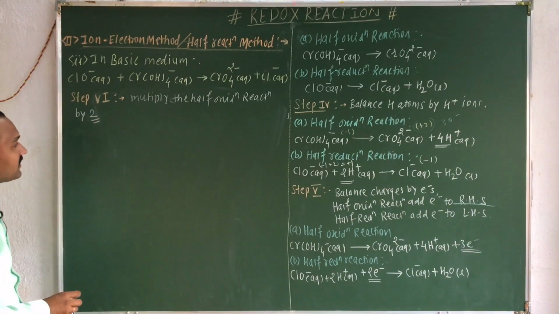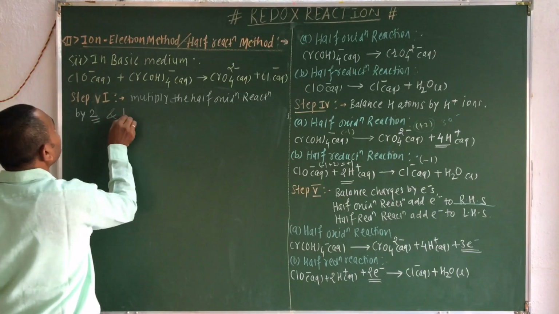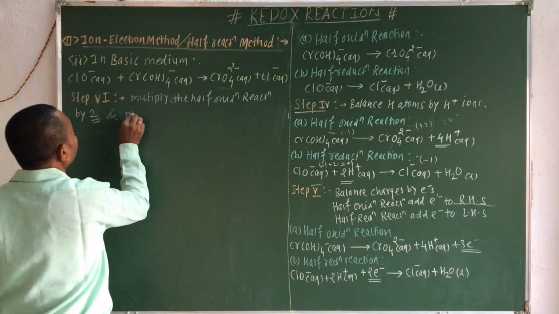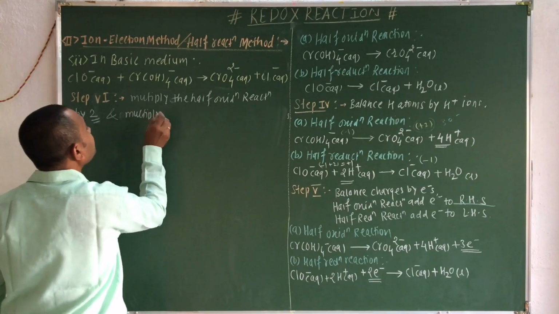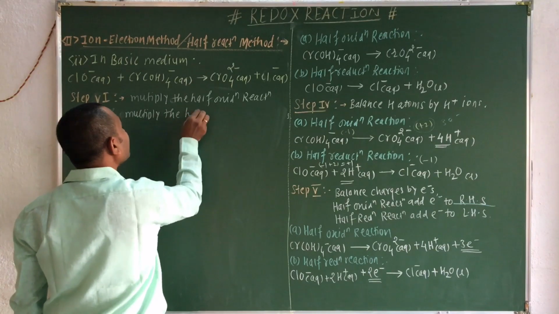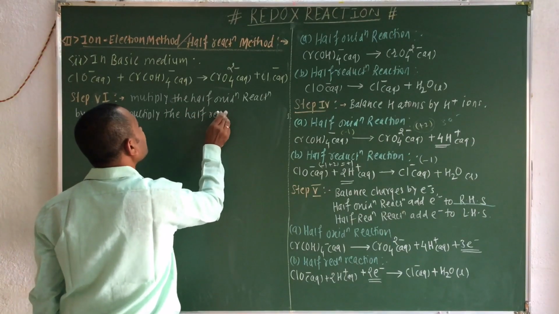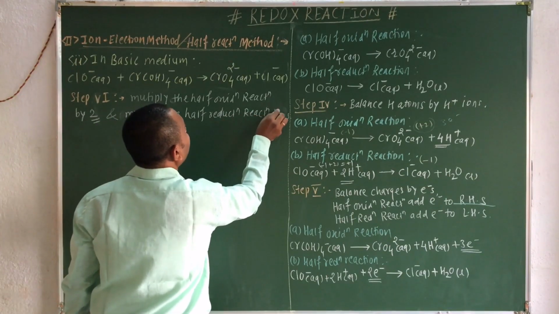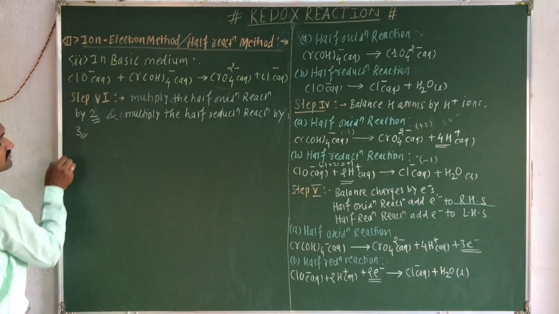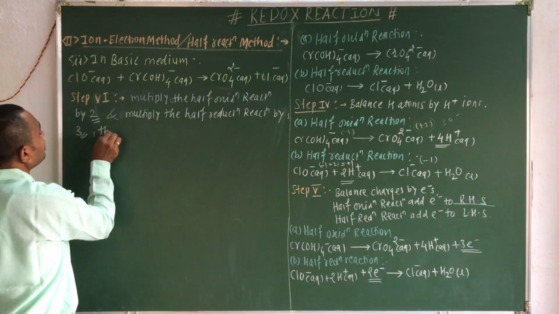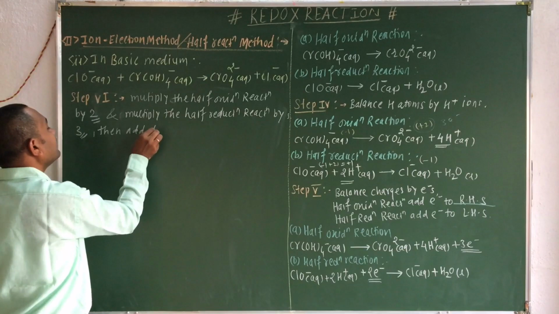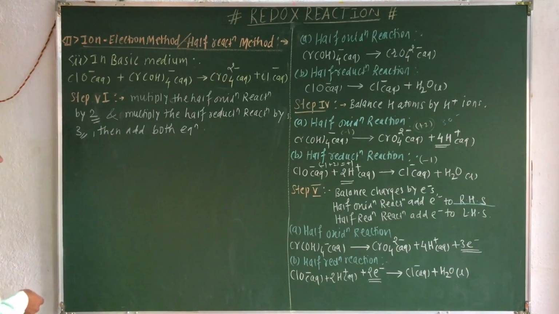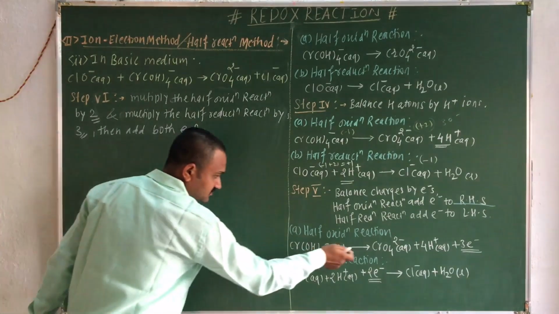Okay, this is my first factor that I have decided, and then multiply the half reduction reaction by 3. This is my second factor, and then we will add both the equations. So let us do it. Okay, so multiply this equation by 2 overall.